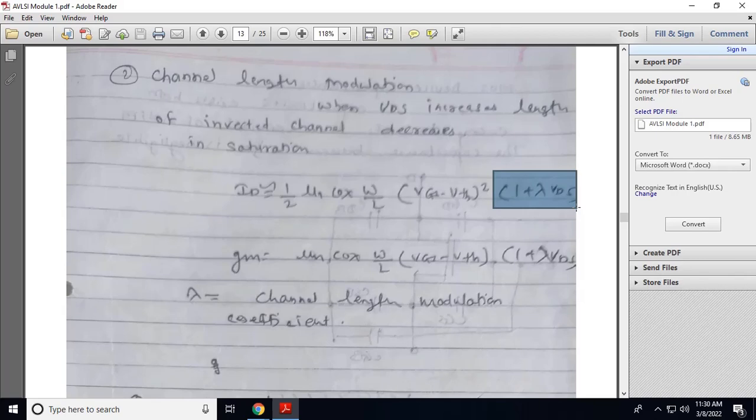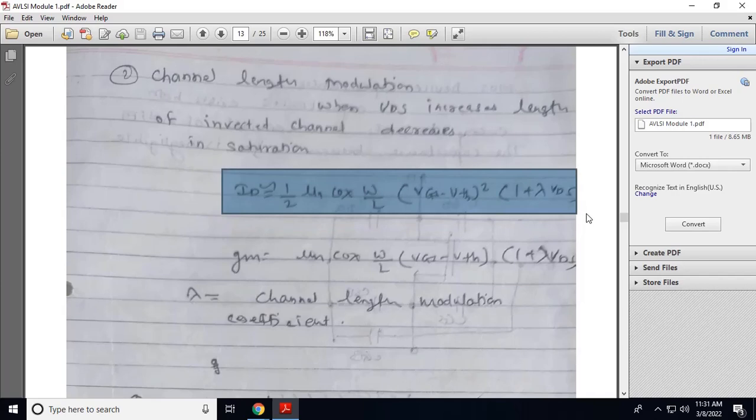VDS is the drain to source voltage and lambda is the channel length modulation coefficient. So ID is equal to 1 by 2 mu n Cox W by L (VGS minus VTH) squared times (1 plus lambda VDS). This is the equation of drain current in the saturation region when you consider the channel length modulation effect.